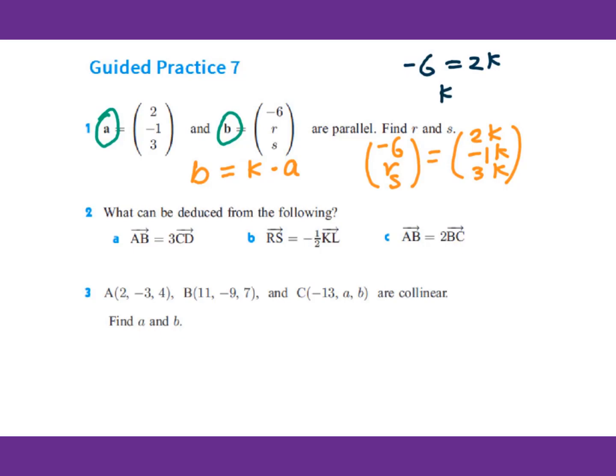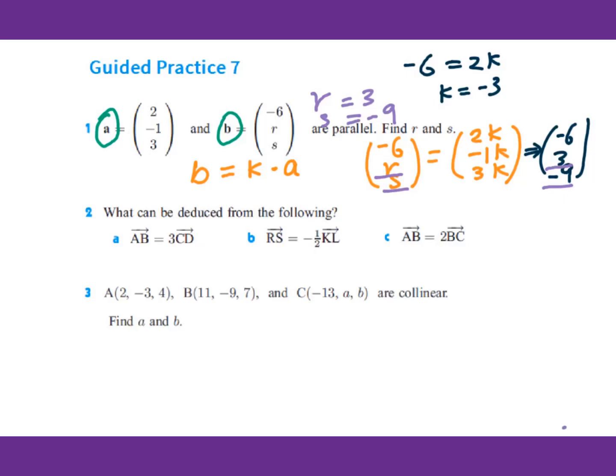We figure out K equals negative 3. Then we plug in. You will get negative 6, 3, and negative 9, which means R equals 3, S equals negative 9. So we write down R equals 3 and S equals negative 9.